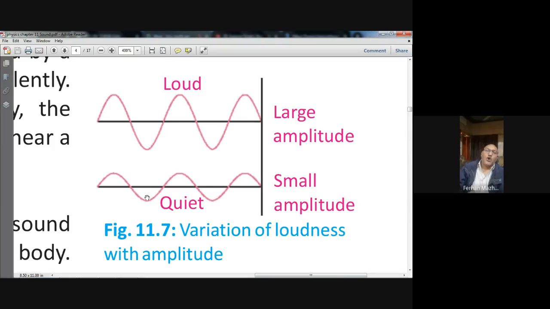And if somebody asks you which one is louder, the first one is louder, because in the first one we have a larger amplitude. And we know that the loudness of the sound depends upon the amplitude of its vibration.